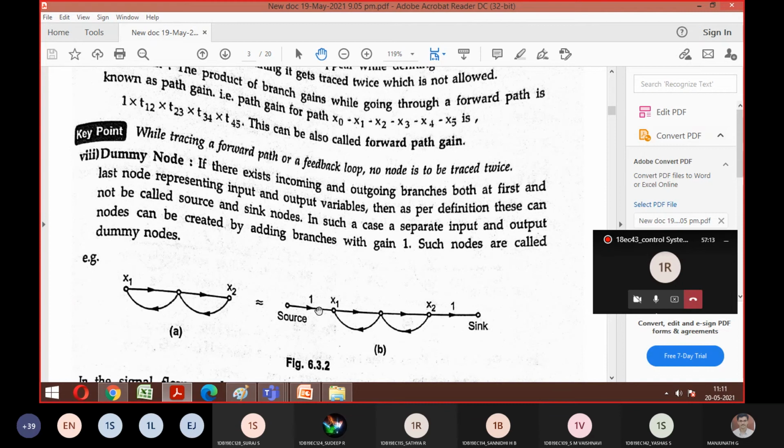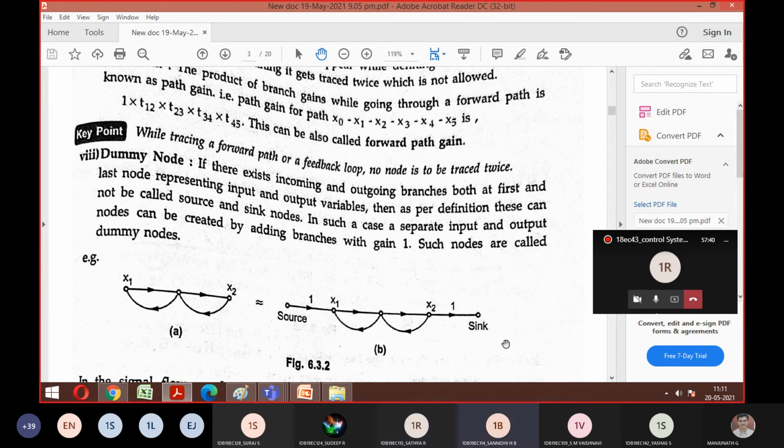If it is not there, then we have to create it, and that is called a dummy node. If we add a dummy with a gain of 1, there is no alteration. If the gain is something other than 1, it is going to change. Why is it not changing? Because x1 is nothing but 1 times x1, and x2 is nothing but 1 times x2.